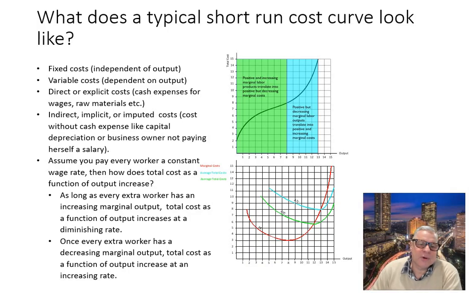In economics, we also like to distinguish between direct or explicit costs, or out-of-pocket expenses, like expenditures for wages, raw materials, rent, interest rates.